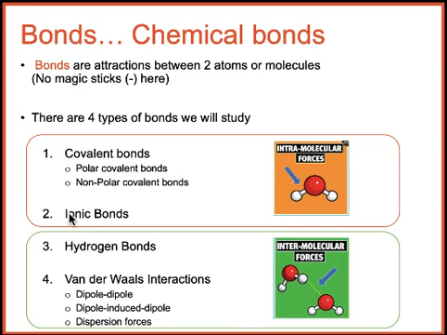It's between two molecules, right? So we'll take a look at that together. As I said in class, it's no magic stick. It's not like a legit tug of war between two of the atoms, right? It's really either sharing or giving away something.